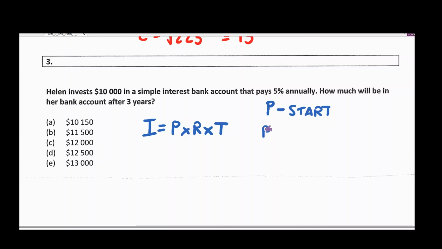Your rate is this percentage here. It's generally given as a percentage annually, and what we do is divide by 100. And our time is in years.